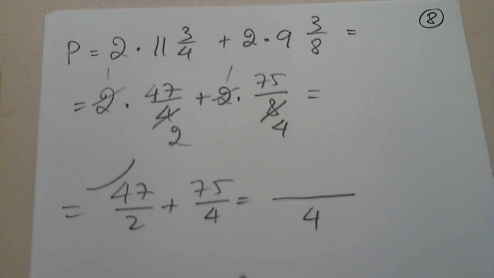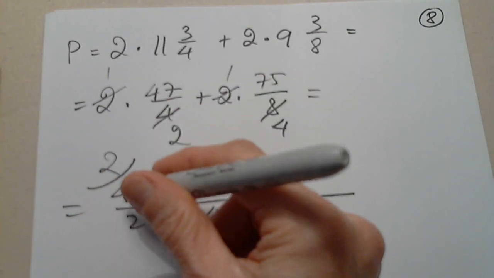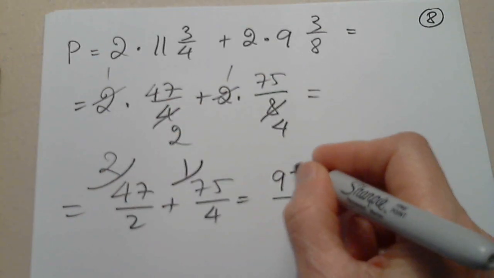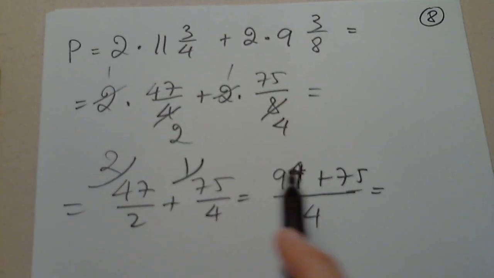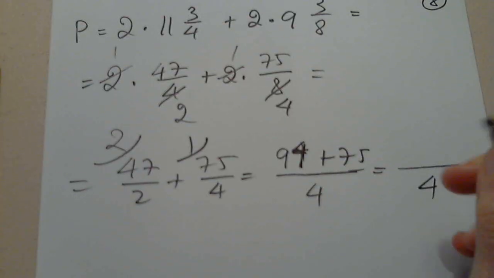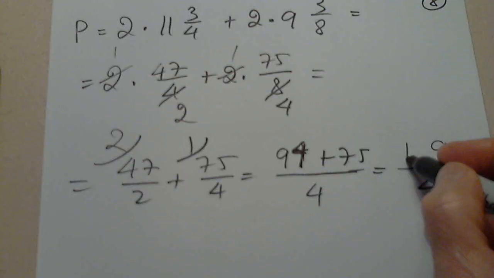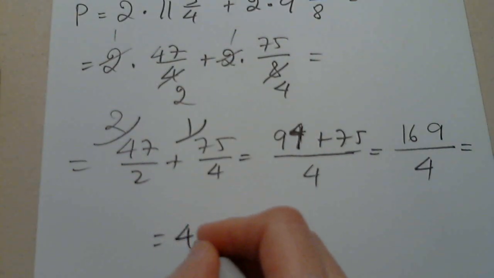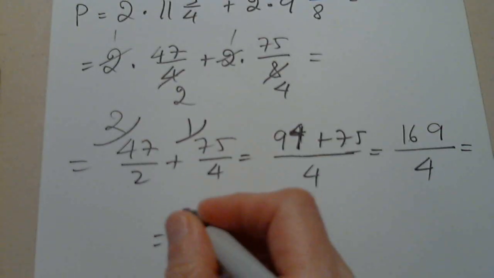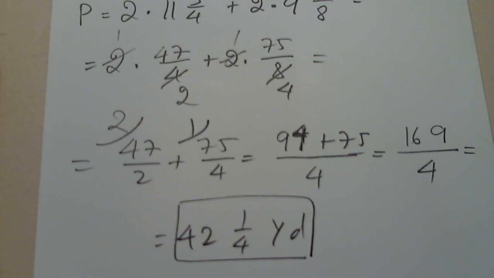The adjustment on the first fraction, because on the second one is the same denominator. Times 2. Times 2 indeed. So here what we get, is it 94 plus 75? 94 plus 75. So now we add the numerators. Do not try to simplify anything. So 9 and 169. Yes, we take the integers out, and it is 42 and 1/4. Do not ever forget the measurement unit. So this is the perimeter of the given rectangle with a given length and width.